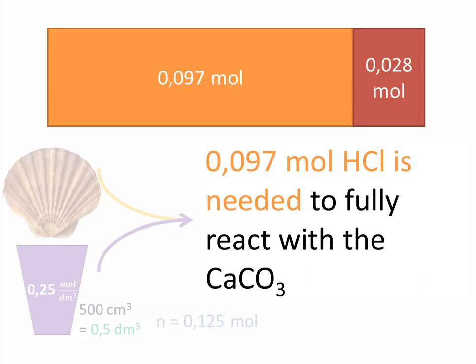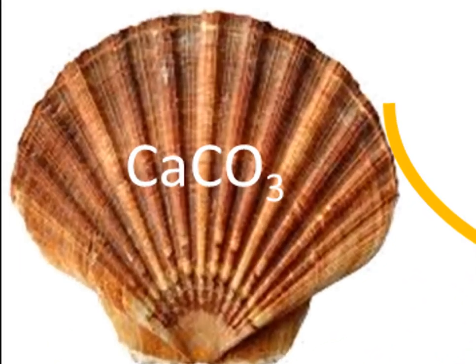How does this help us to find the percentage purity of the shell sample? Remember that this HCl will only react with the pure part of the shells. In other words, with the calcium carbonate that is inside the shells. The HCl is not going to react with the impurities. So we can use this information to tell us how much calcium carbonate there was in the shells.